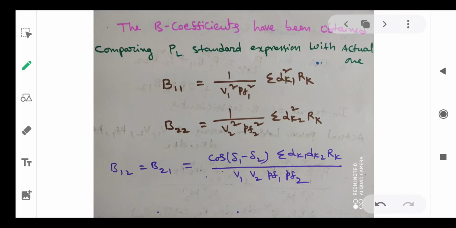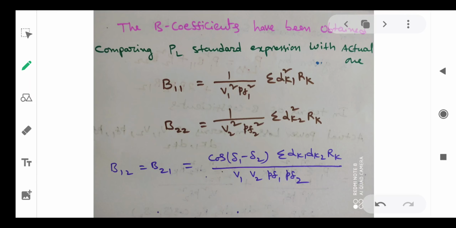So the B coefficients can be expressed as B11 is equal to 1 by V1 square Pf1 square into sigma dk1 square rk. Second one, B22 equal to 1 by V2 square Pf2 square into sigma dk2 square rk, and B12 equal to B21, that is equal to cos(delta1 minus delta2) into sigma dk1 dk2 rk divided by V1 V2 Pf1 Pf2.